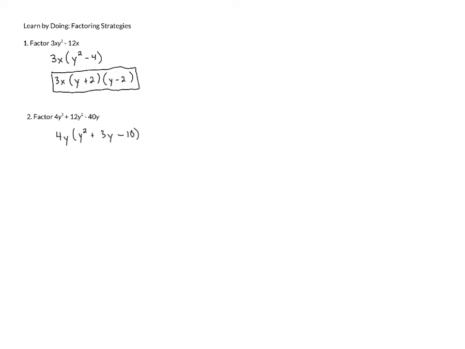Now that we've dealt with the GCF, we can continue to factor the rest of the polynomial. Which method should we use to factor the rest of the polynomial? When we look at the rest of the polynomial, we have a trinomial, and the leading coefficient is 1. That means that the easiest method is unfoiling.